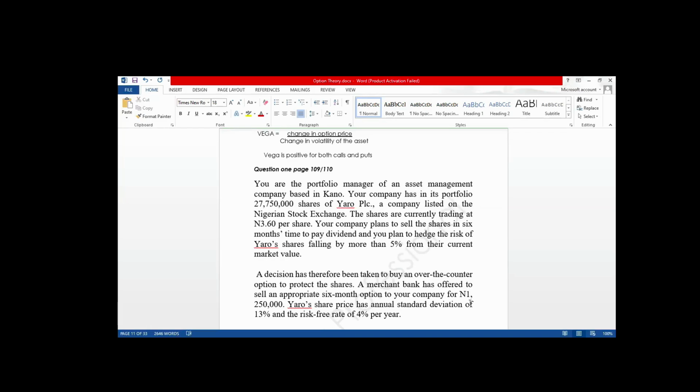The current market value is the current market price. That means you can tolerate a 5% fall in share price. But the fall in share price must not exceed 5%.